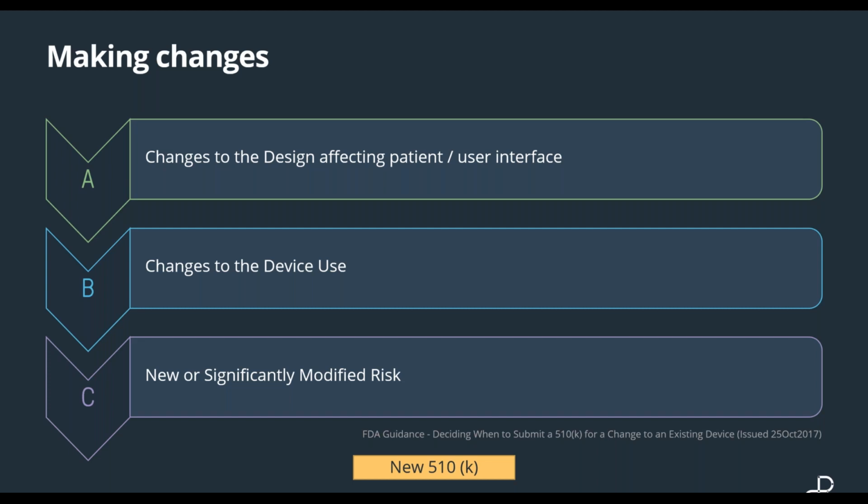Now that can be an increased level of risk, or it can be a decreased level of risk. It's not discriminating between either. But if you're in either of those two situations, then you're going to need to put a new 510K submission in.